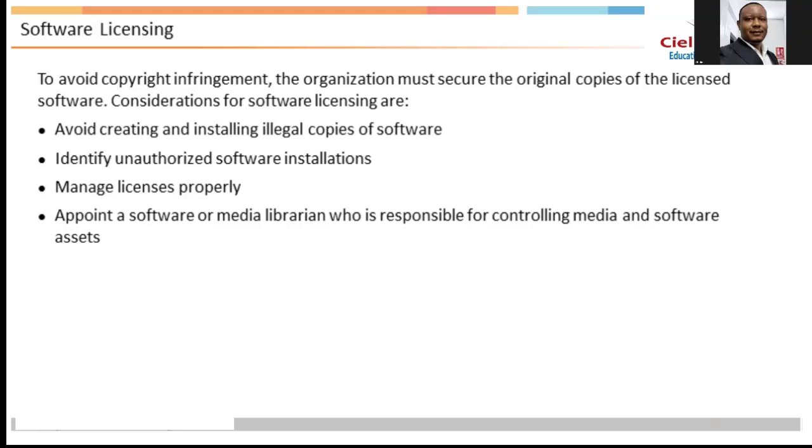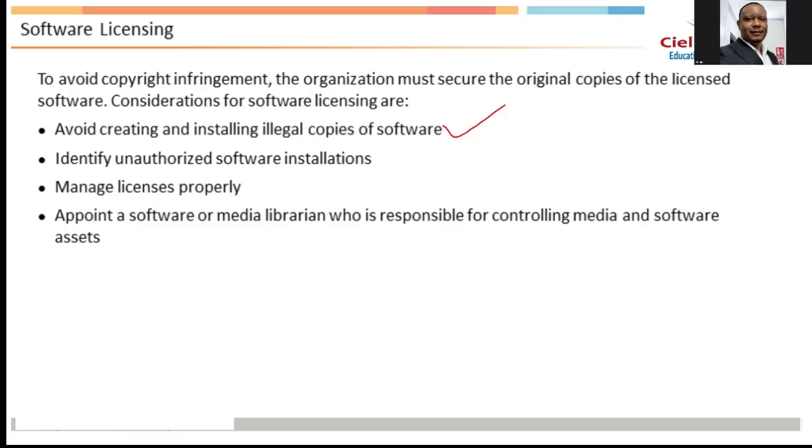So as a security professional, part of the things you need to put into consideration is software licensing. Avoid copyright infringement. So make sure that your organization secures original copies of licensed software. Also avoid creating and installing illegal copies of software. This is very important to make sure that the software installed in the organization is legally purchased.